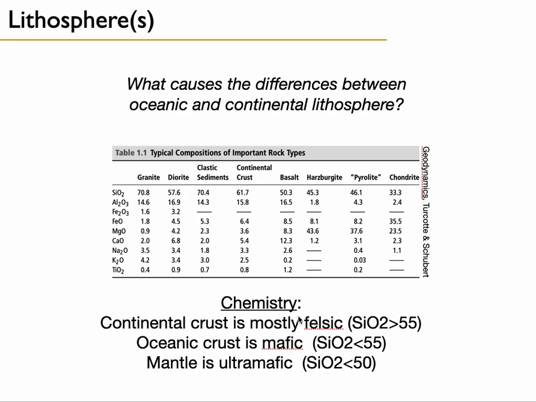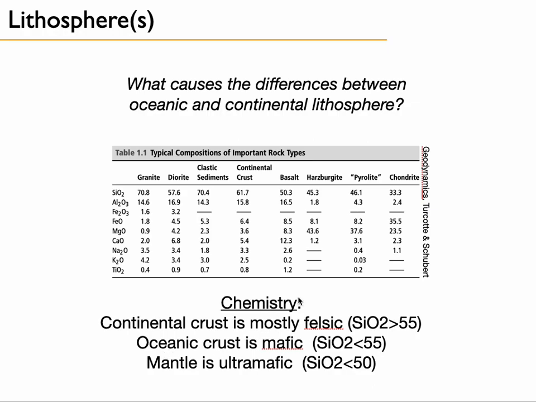The continental crust is, in most cases, mostly felsic, which means that the percentage of SiO2 is above 55. The oceanic crust is referred to as mafic, and the percentage of SiO2 is less than 55, and the mantle is referred to as ultramafic. The percentage of SiO2 is less than half, so less than 50.